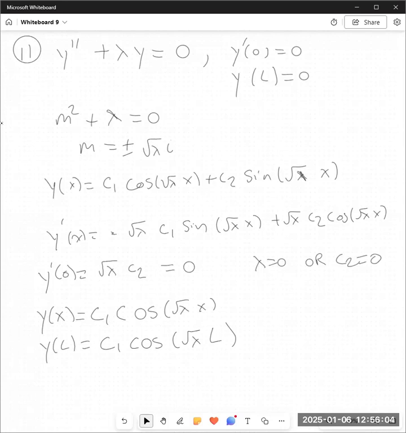We don't want c1 to also be equal to 0, which would give us y equals 0. So we want cosine of root lambda L to be equal to 0, which makes root lambda L equal to odd multiples of pi over 2, using 2n minus 1, so that the first one that I get, I'm starting at 1, will be pi over 2.